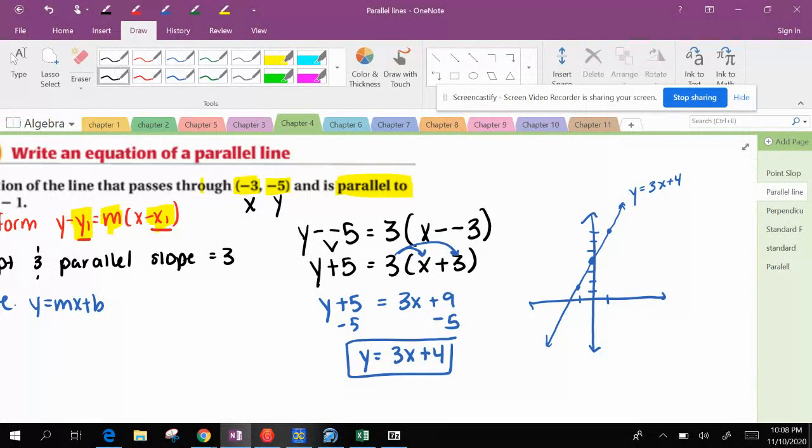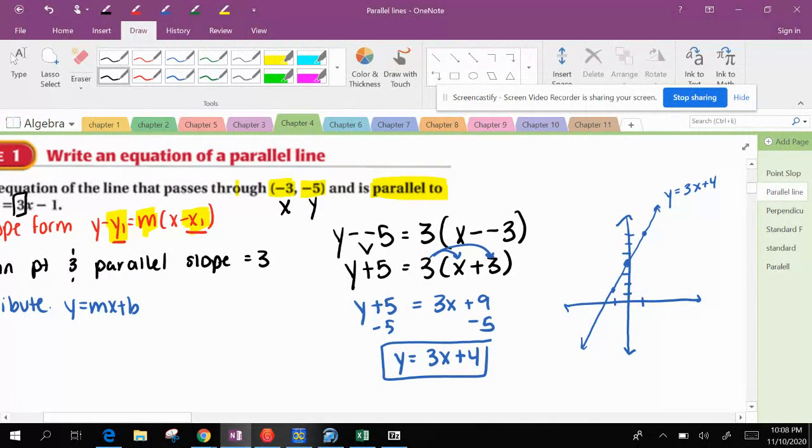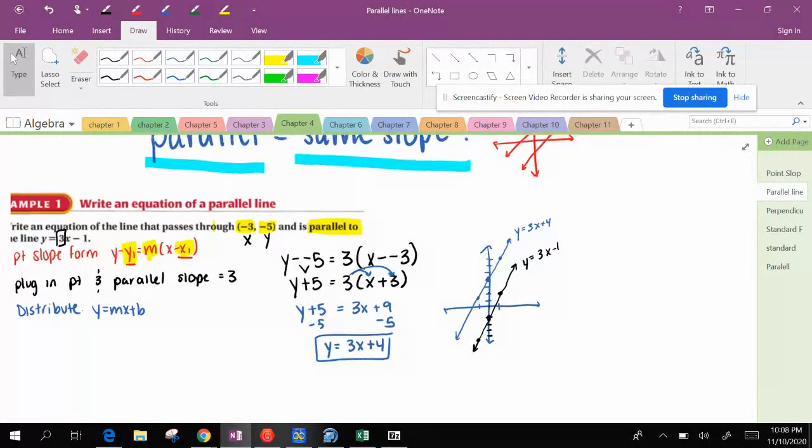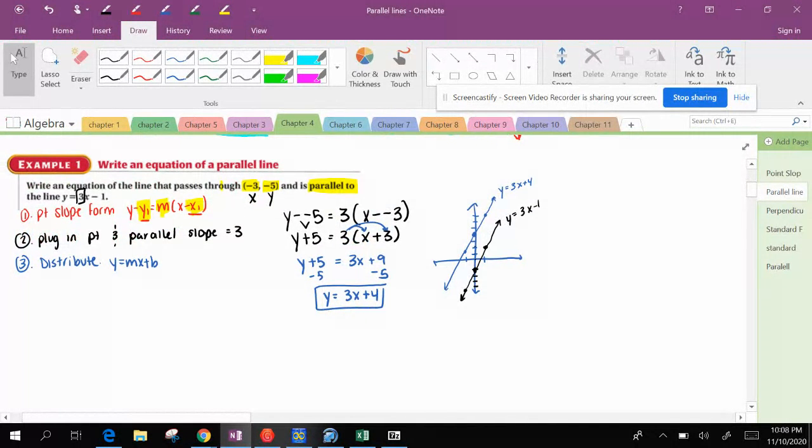If I have this black line, which is the equation they originally gave me, y equals 3x minus 1, I begin at negative 1, and I go up by 3 over 1, or down by 3 to the left 1. It doesn't matter that they have different y-intercepts, they are still parallel. So very similar to what we just did the past two days with point slope form, except now I'm giving you an equation and you have to identify the slope that we're plugging in.